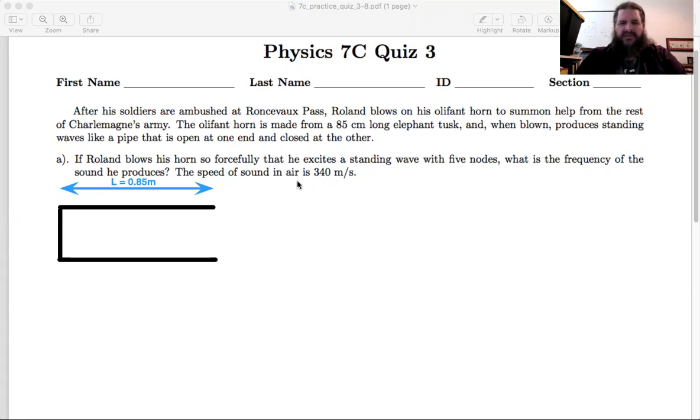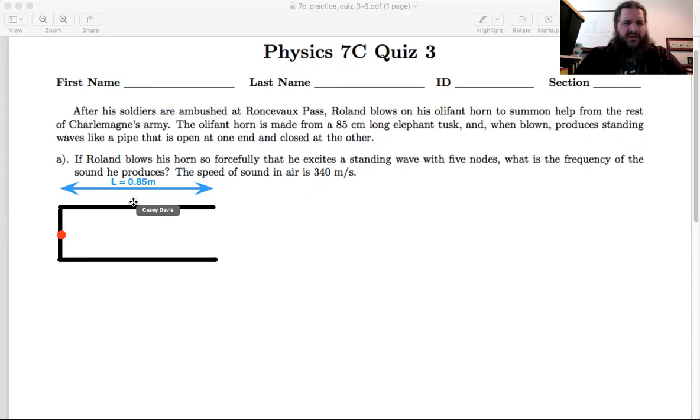Yeah, they've got to be opposite types of endpoints. So let's say we've got a node at the closed end and an antinode at the open end.